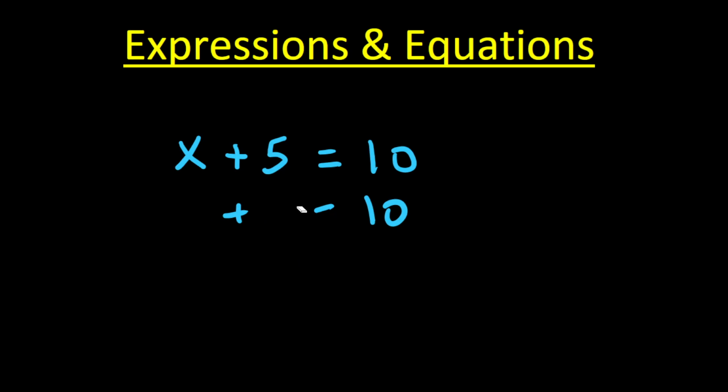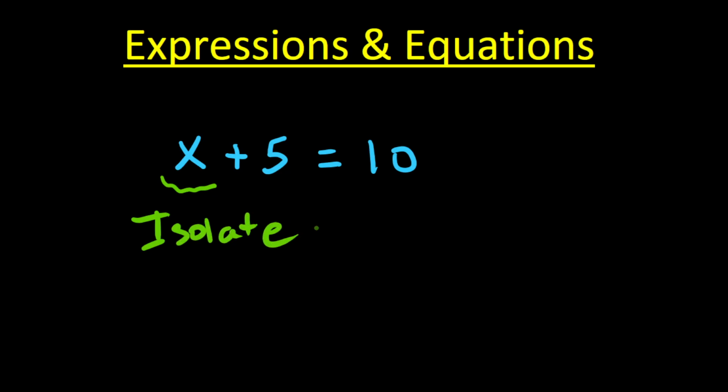So the whole goal is to isolate the x. We want to get x by itself. In order to isolate the x, we have to get rid of this plus 5 right here.